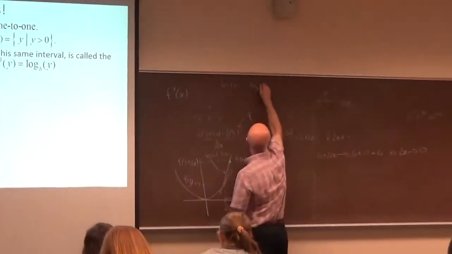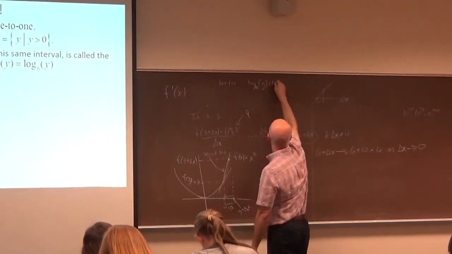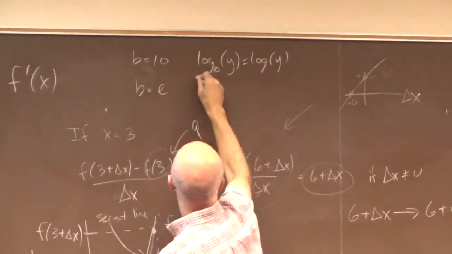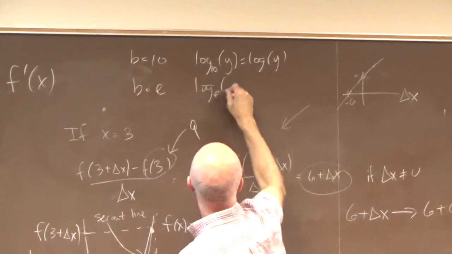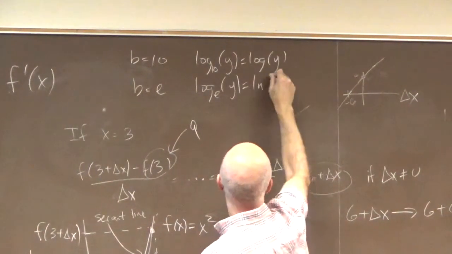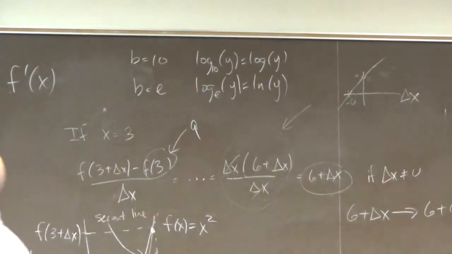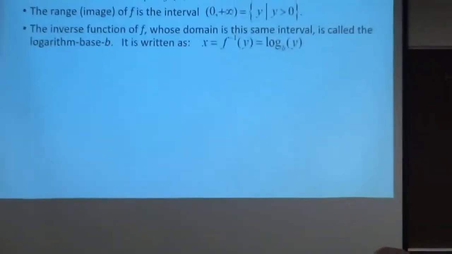And if b is e, that's called the natural logarithm, and we typically write ln. Just in Mathematica they don't. But b could be any positive number except 1.